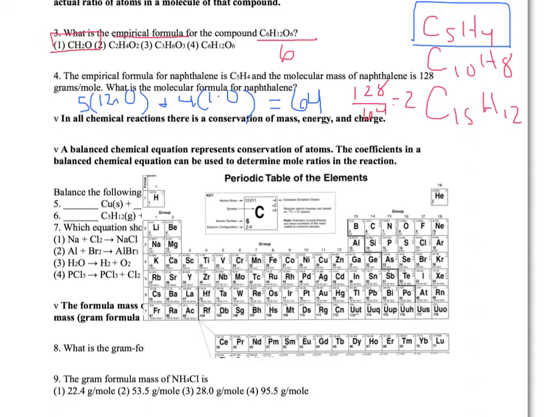So that means that our empirical formula is multiplied by 2 in order to discover the molecular formula. So our molecular formula is 2 times C5H4, and that is equal to C10H8.